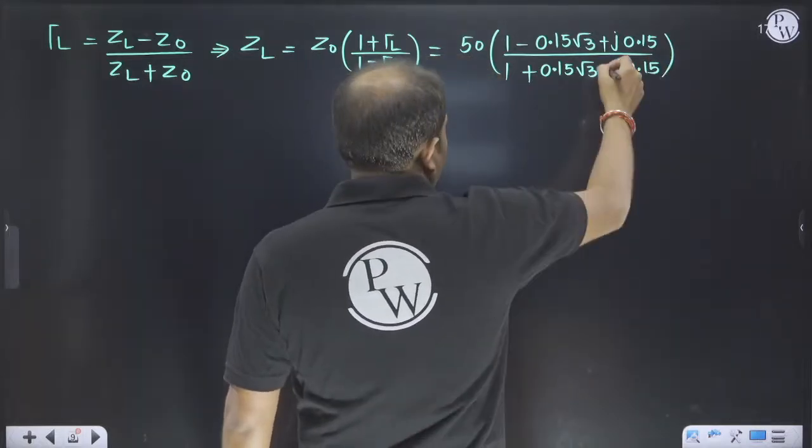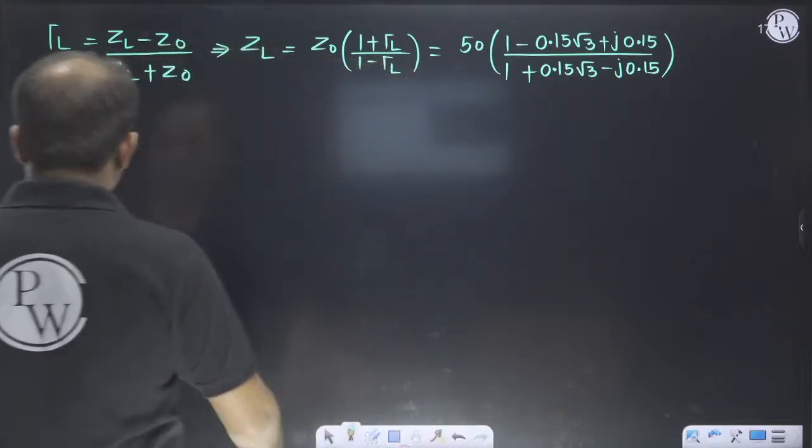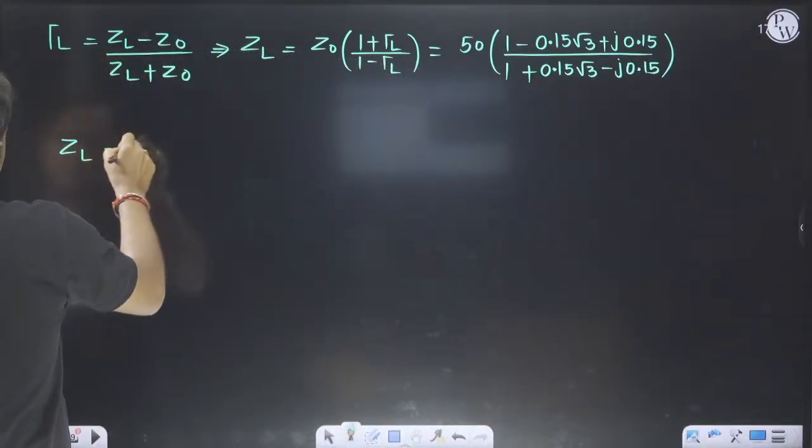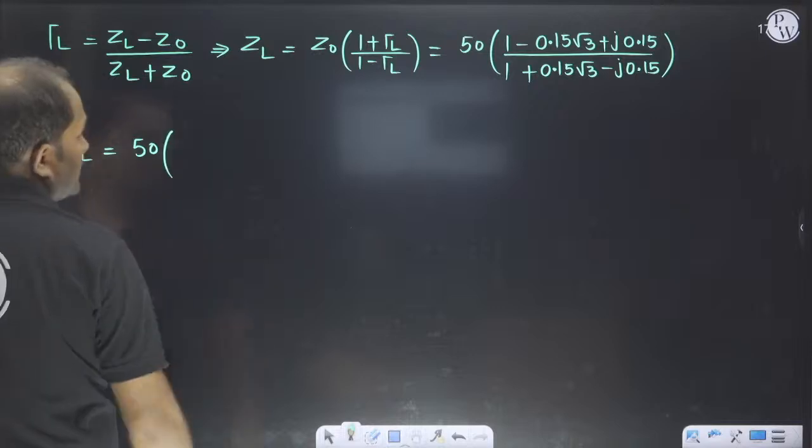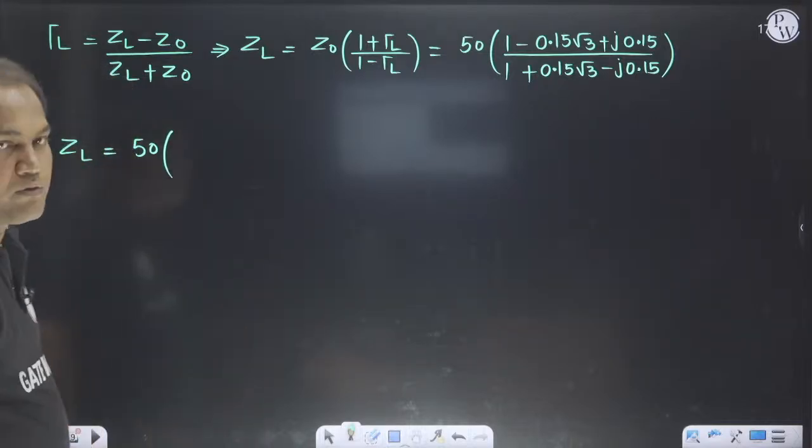You can calculate the value of this one. So what is the value of ZL? ZL is 50 times, 1 minus 0.15 root 3.